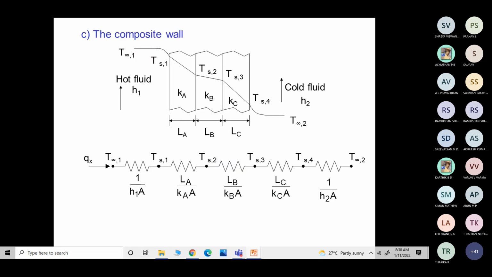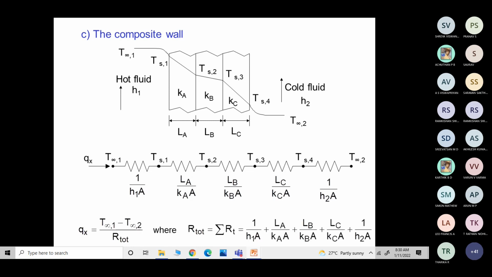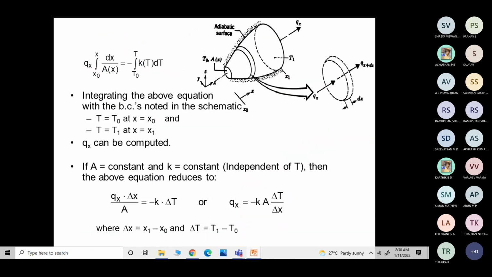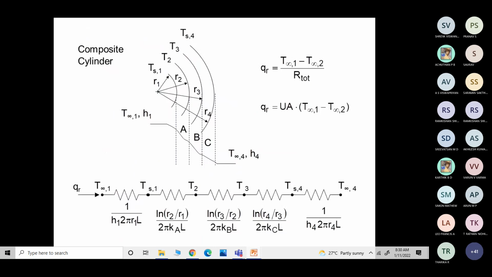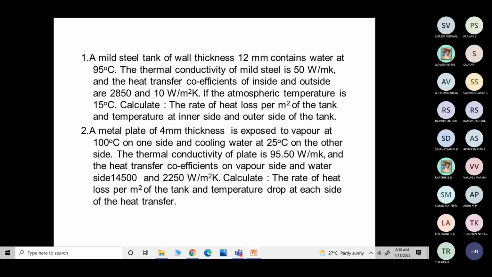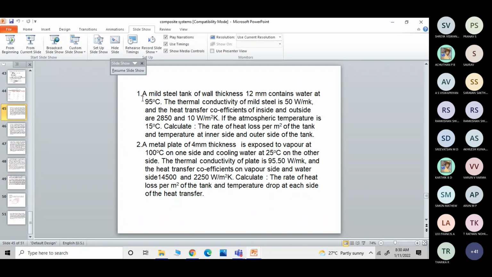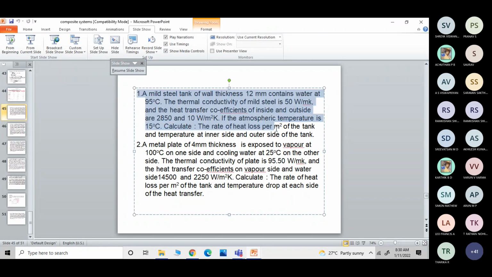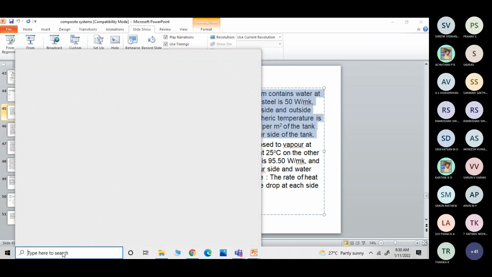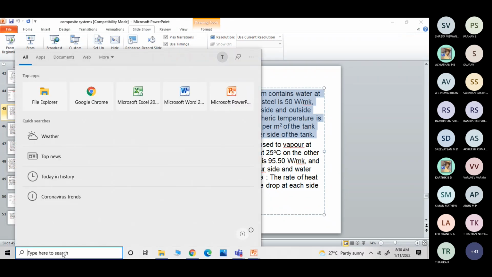Before going on to the composite wall, let me solve one problem, because we have been teaching so much theory. Let us solve only one problem. All of you please take this down. Today I will upload these problems in MS Teams.